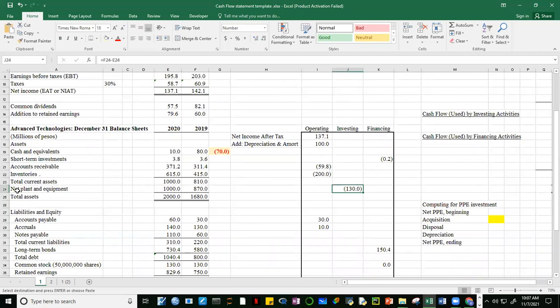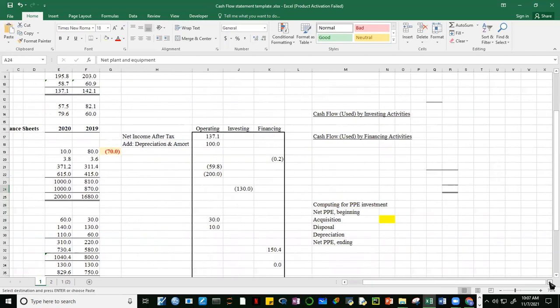However, take note that we're given the net. We have to look for the at-cost property, plant, and equipment, because that's where the real investment comes from, because this is already adjusted for depreciation. So since we're not given the at cost, then we will have to do some computation.